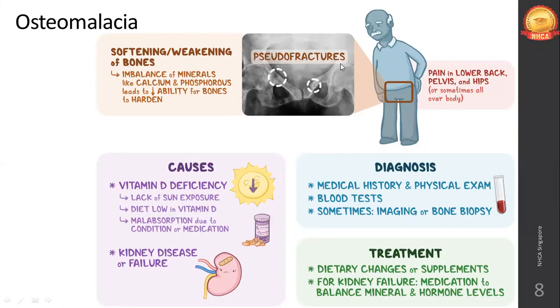Pseudo fractures do not require a fall; because the bones are so soft and demineralized, weight bearing bones like the hips, the femur, the knee joints and ankle joints can undergo pseudo fractures by the body's own weight, without any severe falls. Pain in the lower back, pelvis, and hips. These are the symptoms of osteomalacia.